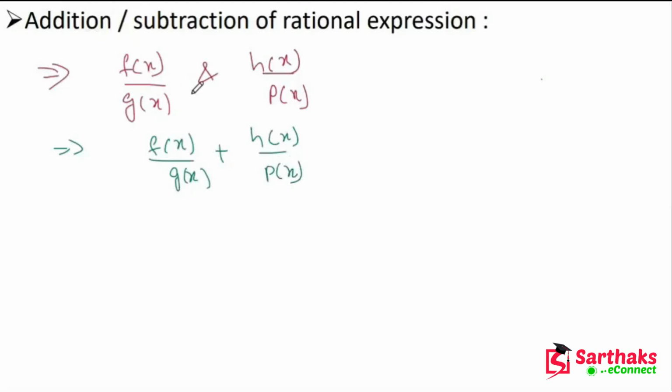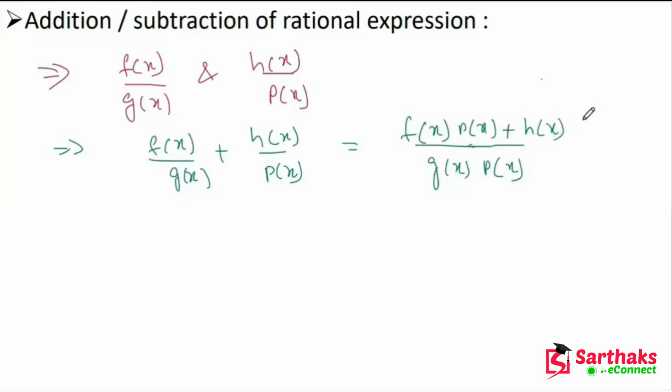These two rational expressions can be written like this, we take the LCM, and this becomes f of x into p of x plus h of x into g of x.